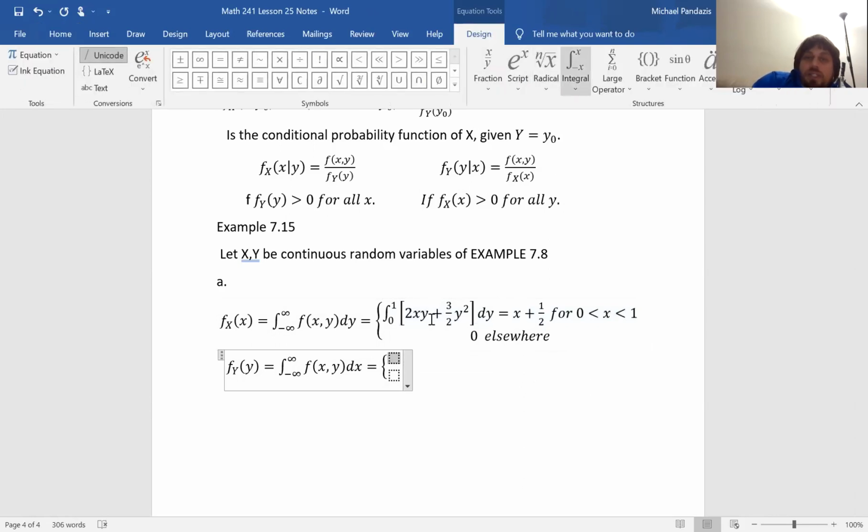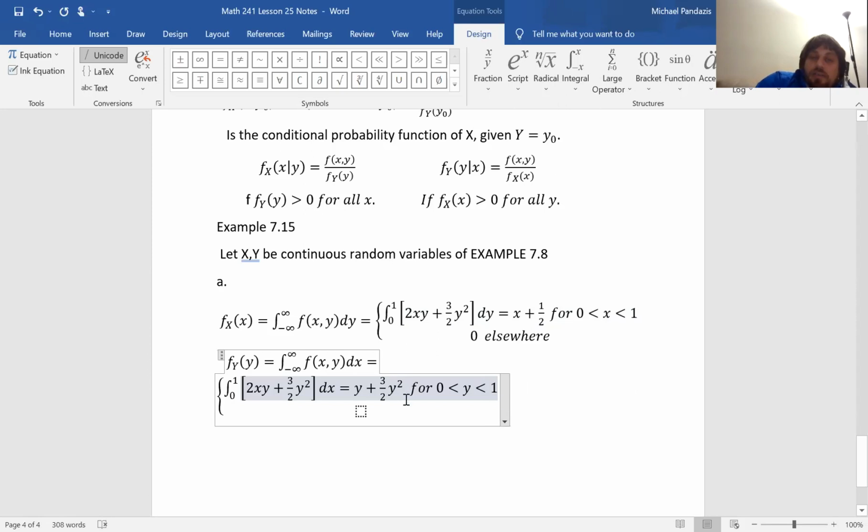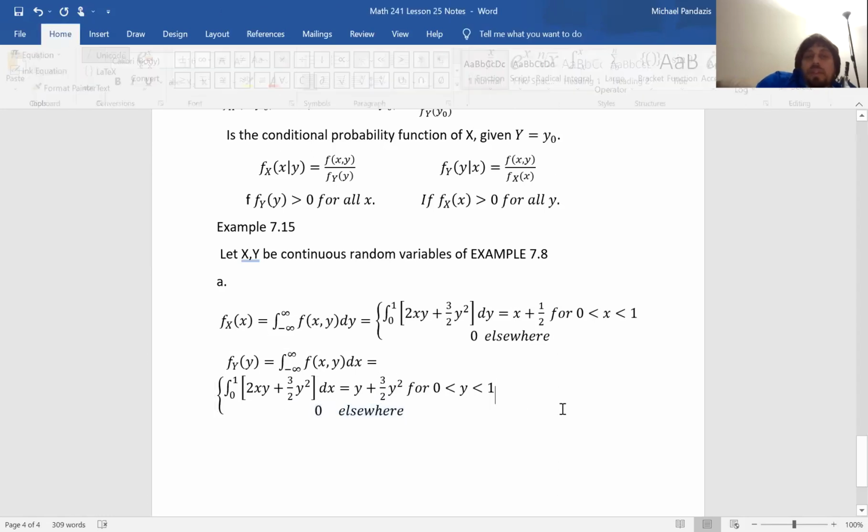Okay, so now it's going to be the integral from 0 to 1 of 2xy plus 3/2 y squared dx, which is equal to y plus 3/2 y squared, for 0 less than y less than 1, and 0 elsewhere.